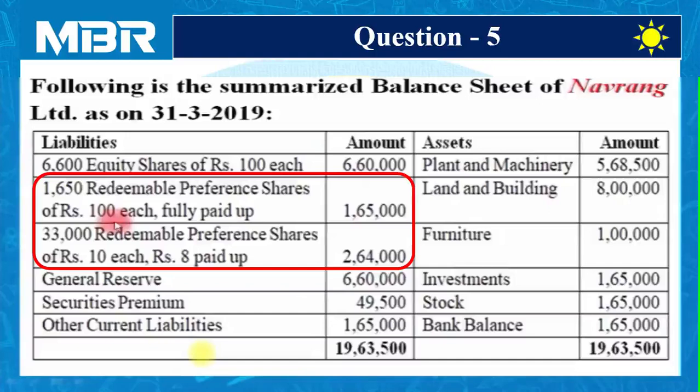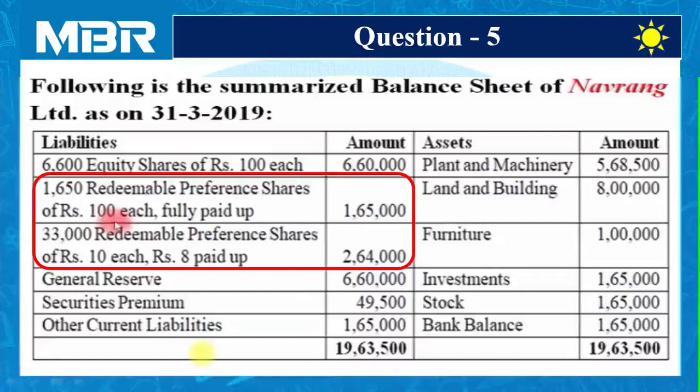Face value of the preference share is rupees 10 each and paid up value is rupees 8. So you can easily judge from the analysis of the liability side that we have two types of preference shares. First type of preference share is fully paid and the second type of preference share is partly paid, because face value is rupees 10 and paid up amount is rupees 8.